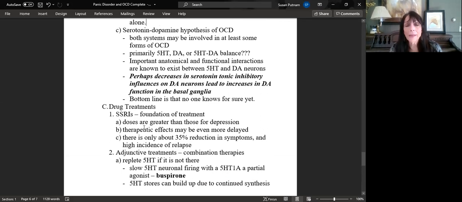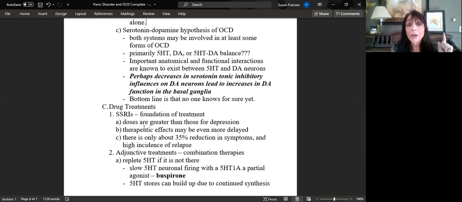Okay, so let's talk about drug treatments. I am so happy if you're ahead of me by now. You're like, well, SSRIs, we should probably increase the availability of serotonin. Bingo. SSRIs tend to be the foundation of treatment for individuals who present with OCD.